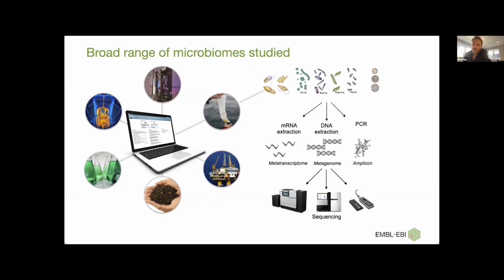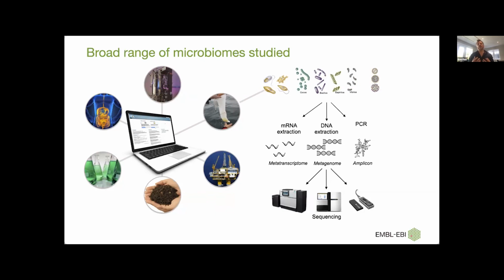We're also seeing a shift to shotgun metagenomics, so extraction of the DNA. Metatranscriptomics is also commonplace, but not as much as shotgun metagenomics. Whilst short-read approaches are still very dominant, we're beginning to see more and more long-read technologies coming in, and I think that is definitely the future for the field.